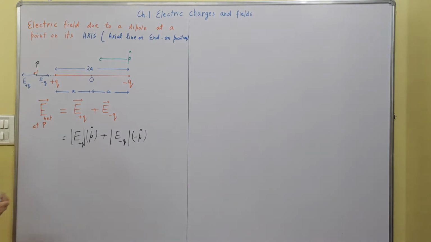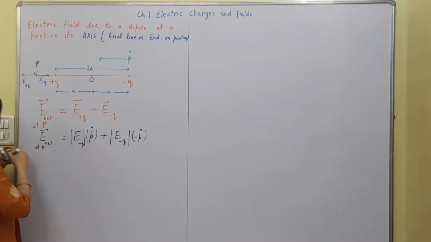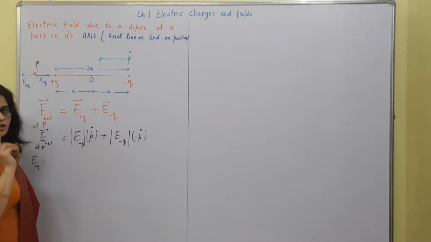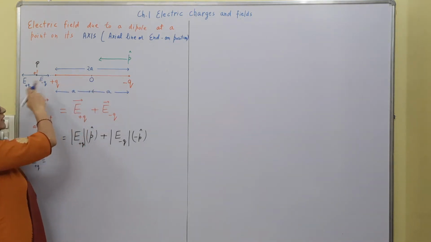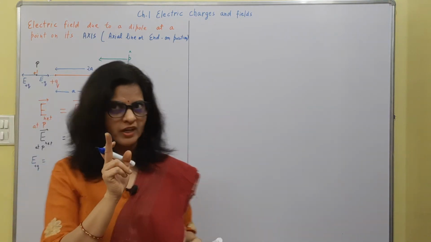Now let's find out the magnitude of E plus Q. We will write the magnitude separately. So the magnitude of E plus Q. We have already considered the sign or the polarity of the dipole while marking the directions. So for magnitude, we will not consider the sign of the charge, right?